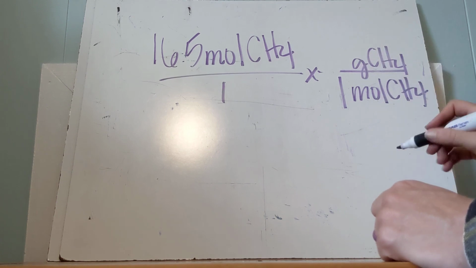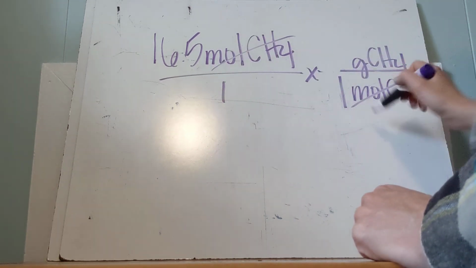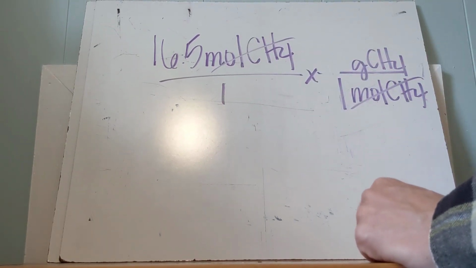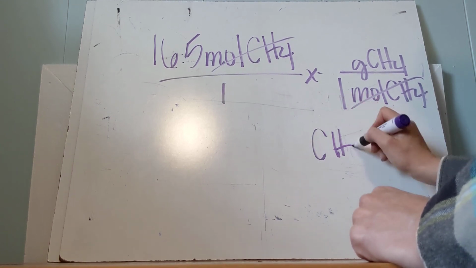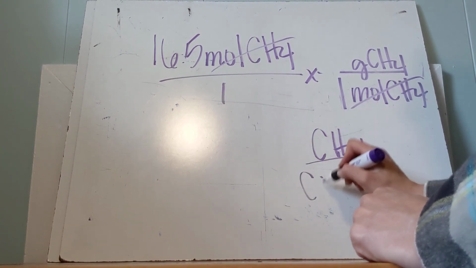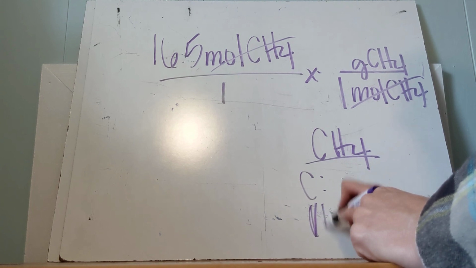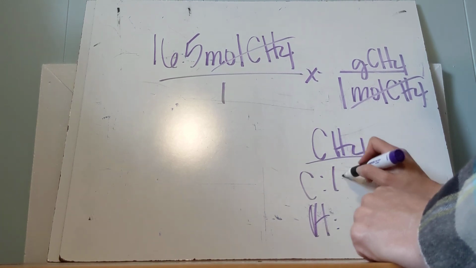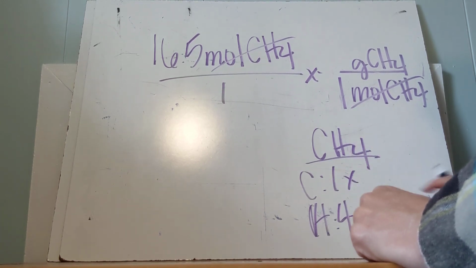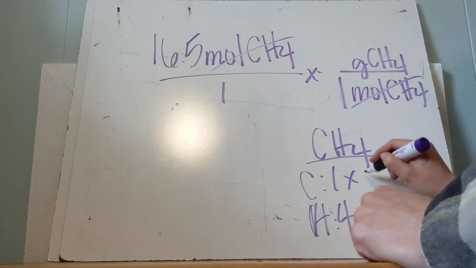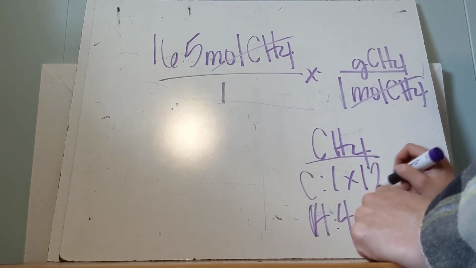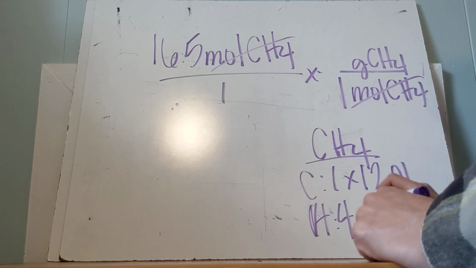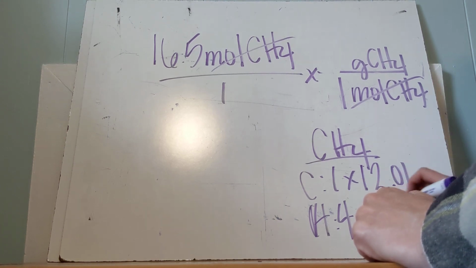So I'm going to have grams on top, so my moles can cancel, but I need to know how many grams. So I need to find the molar mass of methane. 1 carbon, 4 hydrogens, 12.01 times 1.008.